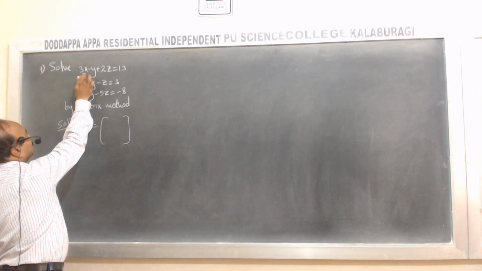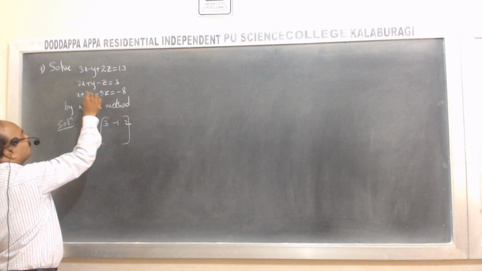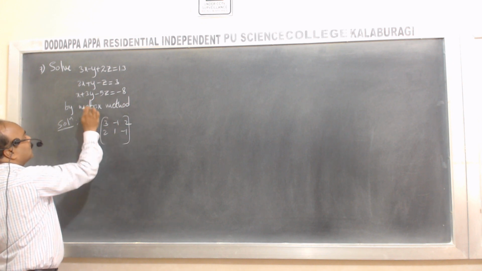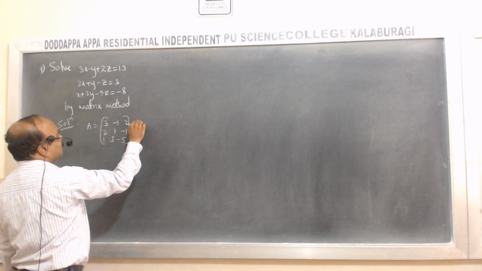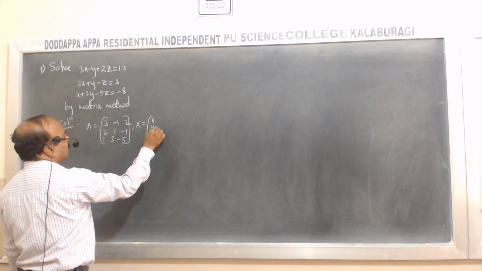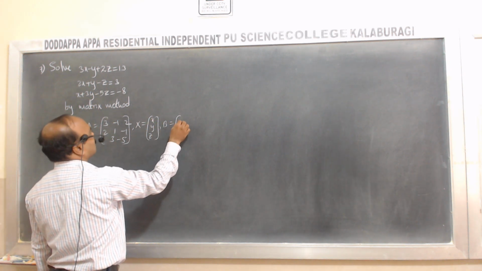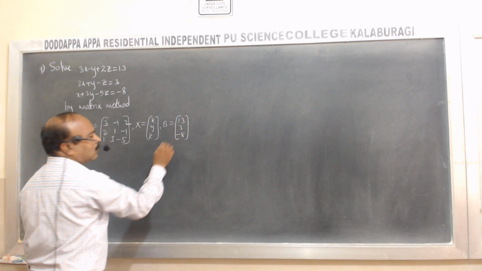First row is 3, minus 1, 2. Second row is 2, 1, minus 1. And third row is 1, 3, minus 5. And X is the matrix of variables, it is x, y, z, and B is the matrix of constants, it is 13, 3, minus 8.